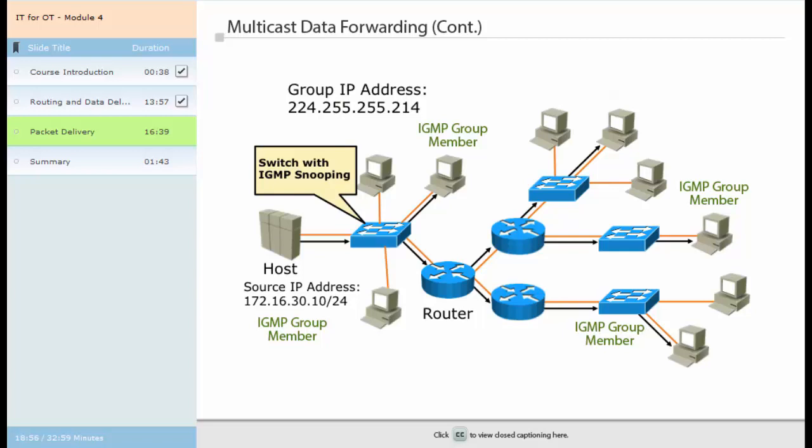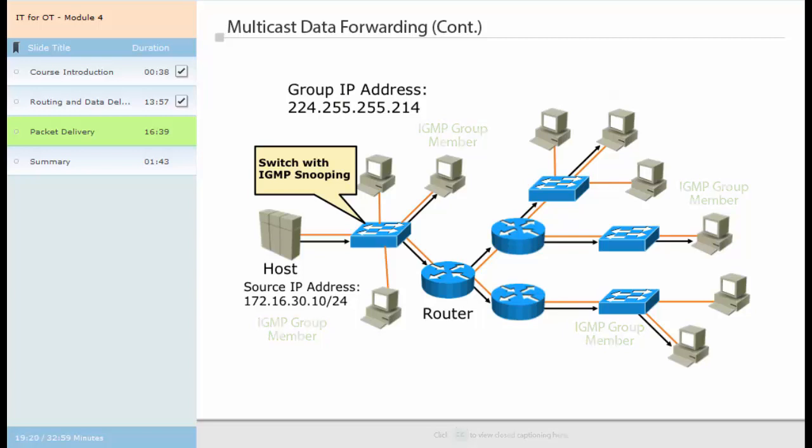IGMP snooping is a method for Layer 2 switches to intercept IGMP messages and learn where IP multicast receivers exist. This interception allows a switch to selectively forward multicast traffic to only the ports to which multicast receivers are attached.